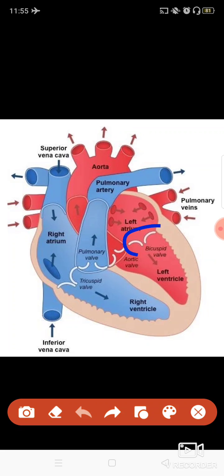These partitions can be opened. These are like door like structures, so these can open and blood can come from one chamber to the other chamber.